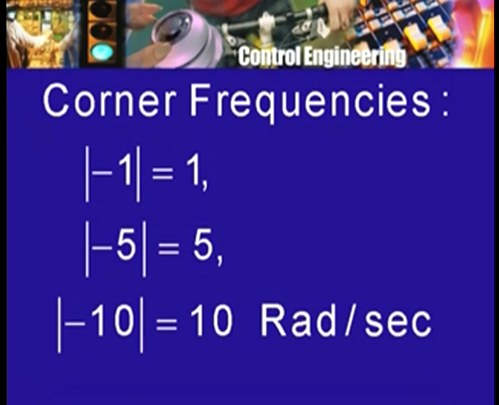Where should we end, or how far should we go? The highest is 10, so perhaps we should go up to 100. And therefore, when we do this plot, we will choose semi-logarithmic paper, and the range of omega will be one decade above the 10 radians per second, so 0.1 to 100, which is how many decades? 0.1 to 1 is 1 decade, 1 to 10 is the second decade, and 10 to 100 is the third decade.